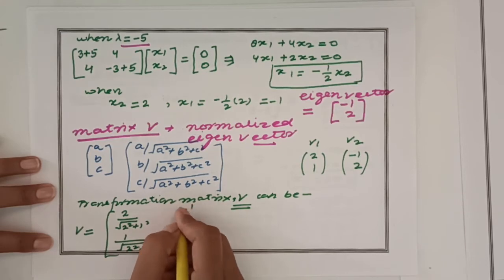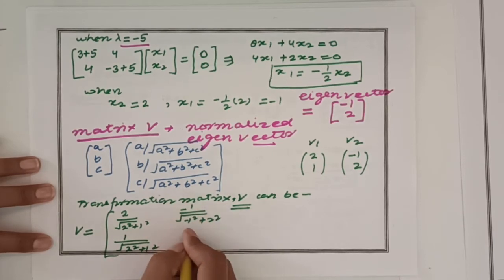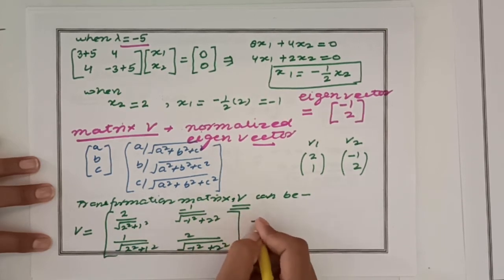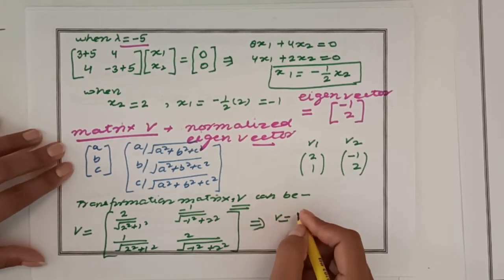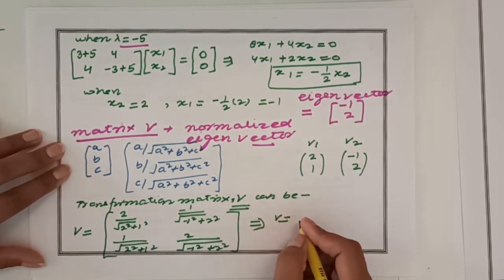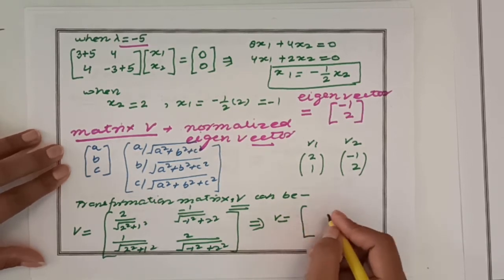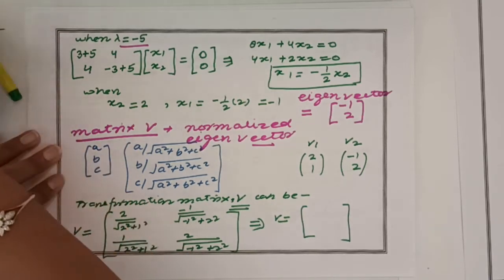This term is minus 1 upon under root minus 1 square plus 2 square, and this is 2 upon under root minus 1 square plus 2 square. So if you simplify it, then you would be getting the matrix, which is the product of these terms.